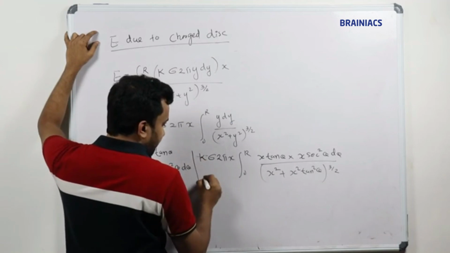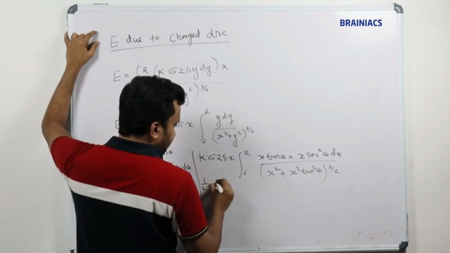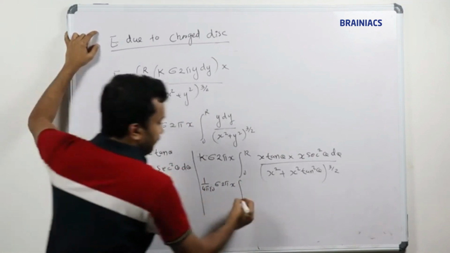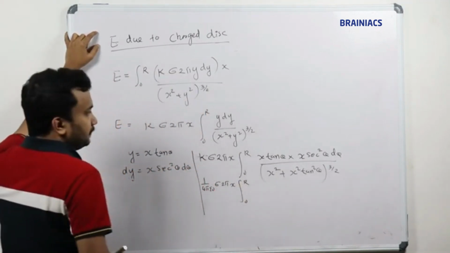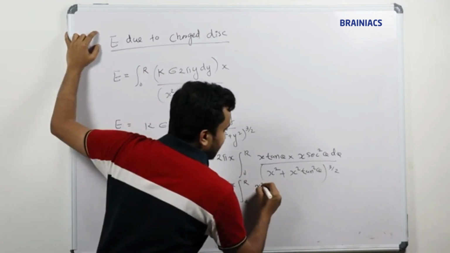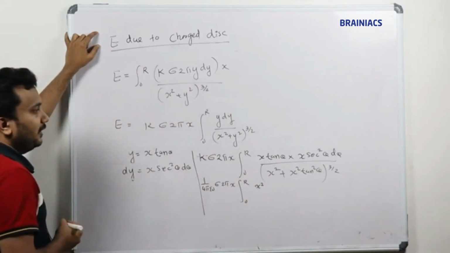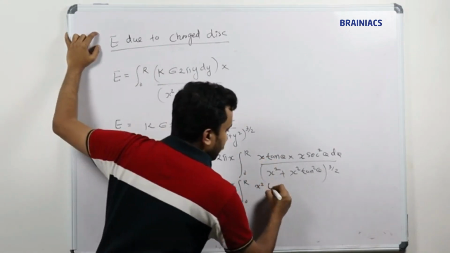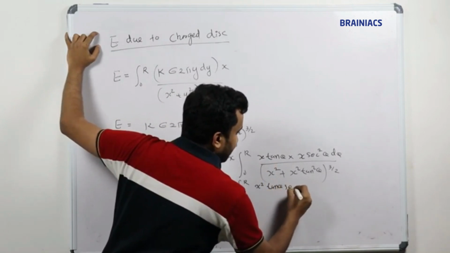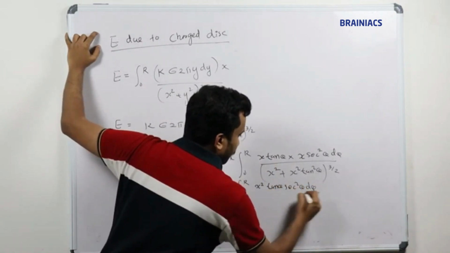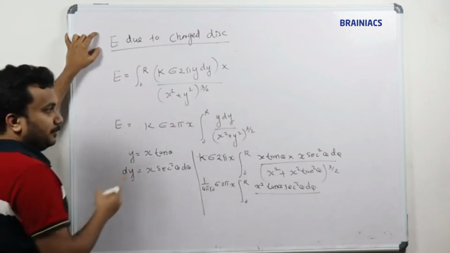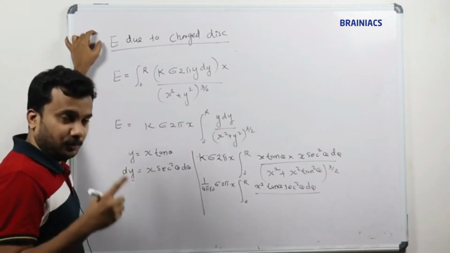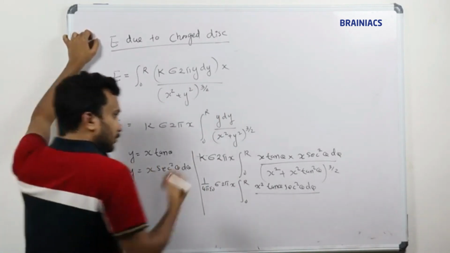Here if you further simplify, k means 1 by 4 pi epsilon 0. So 1 by 4 pi epsilon 0 multiplied with sigma multiplied with 2 pi multiplied with x, limit of integration from 0 to r. Here we have x square tan theta sec square theta d theta, whole divided by 1 plus tan square theta, which is sec square theta, since sec square theta minus tan square theta equals 1.